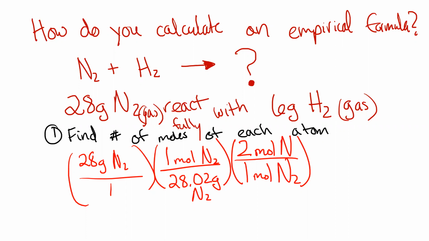Okay, you do that, you go through, and you'll end up with 2 moles of nitrogen. Okay, they do it a little bit different on here. I know. I want to go all the way to the atoms. Okay, good so far? You guys follow me so far? Any questions?